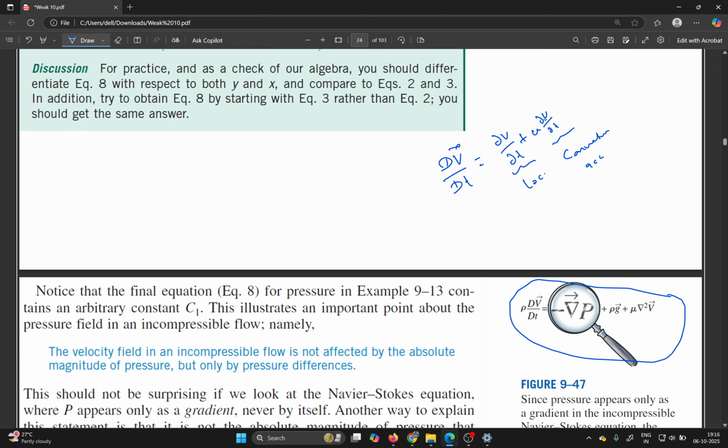If you are writing in the x direction, here it will come as u ∂u/∂x plus v ∂u/∂y plus w ∂u/∂z. So this is the combination, and rho will be constant because this is incompressible.